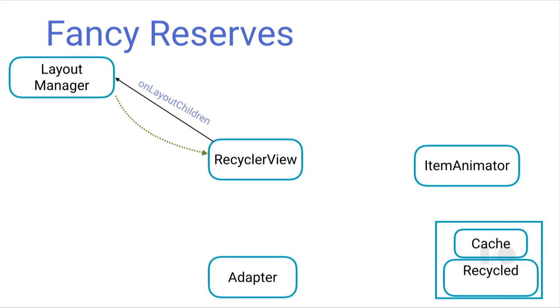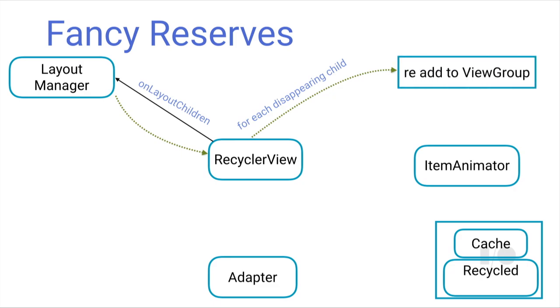So what RecyclerView does is, okay, we understand that the layout manager doesn't want these views anymore. But the item animator may want them, right? You may want to fade them out instead of making them disappear instantly. So for each disappearing child, RecyclerView is going to make them children again and hide them from the layout manager.